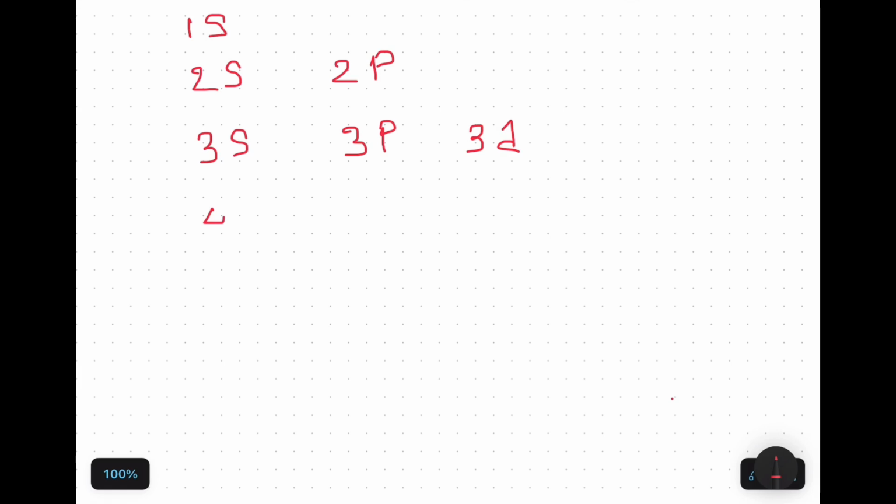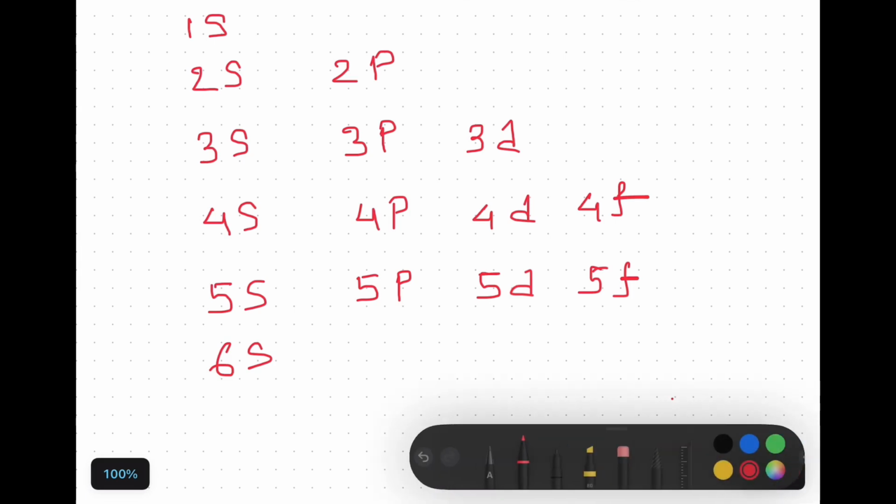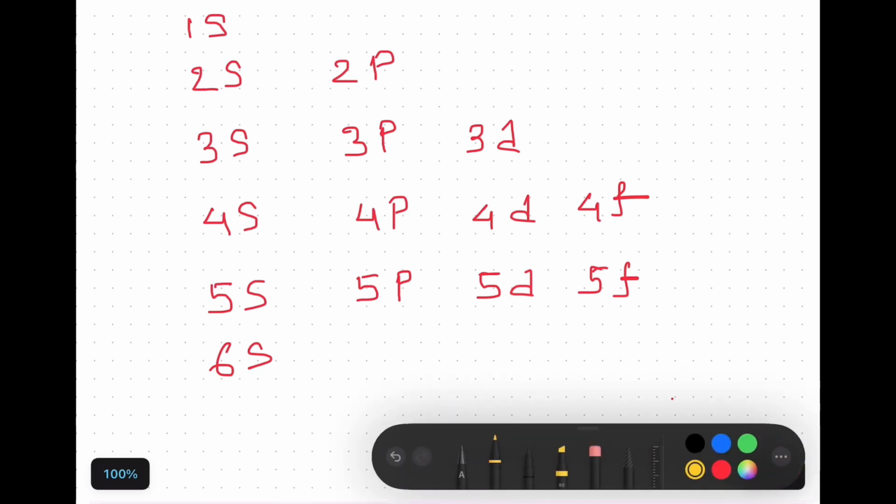Below 3s write 4s, below 3p write 4p, then 4d and 4f. Below 4s write 5s, 5p, 5d, 5f, then 6s, like this. Now we'll join them.